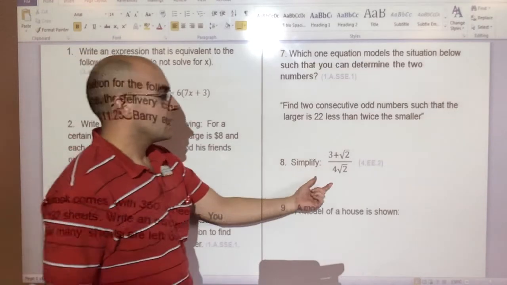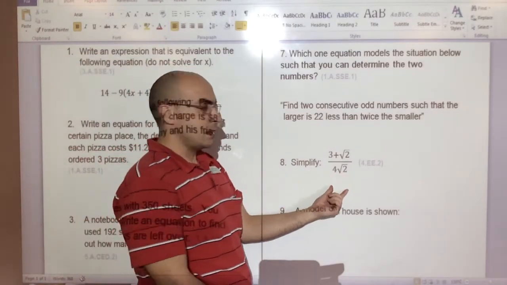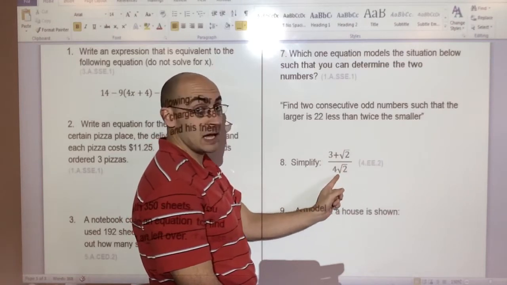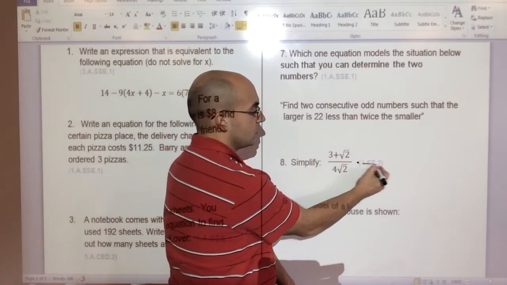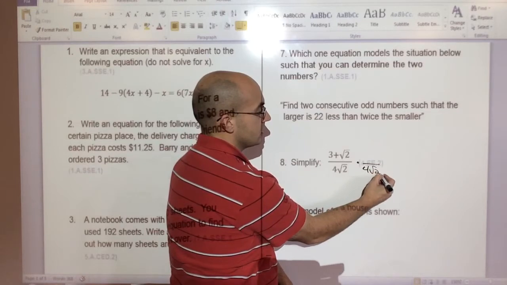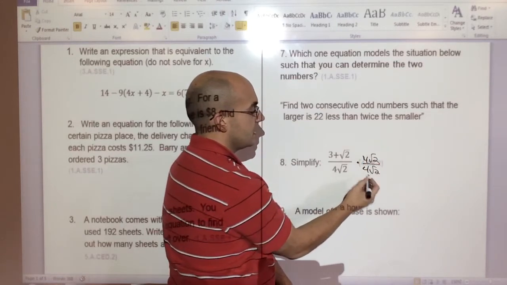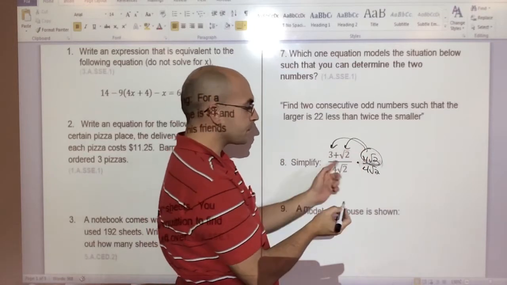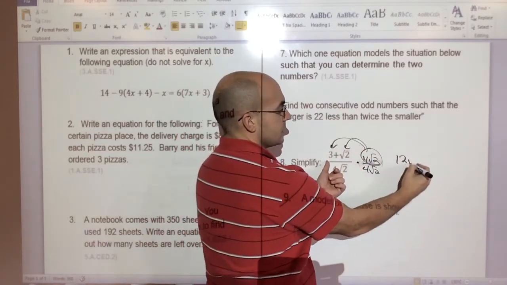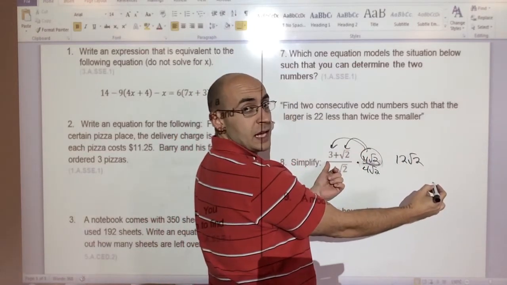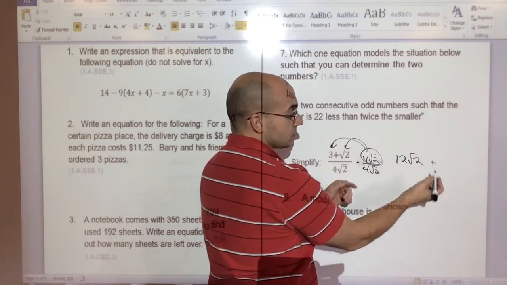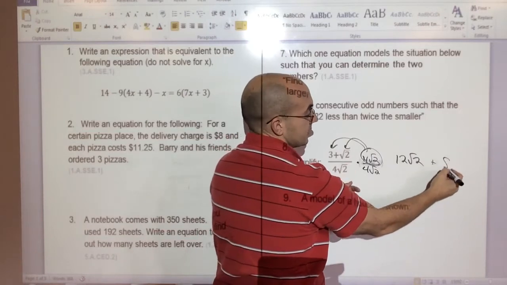All right, simplify. Rationalize the denominator. There are 2 terms up here, so I'm going to have to distribute that over. So this is going to be 4 root 2 on the bottom and 4 root 2 on the top. I'm distributing this to the 3, and that to the root 2. This is going to be 12 root 2 plus 4 root 4, which is just going to be 8 because I'm going to simplify that one.